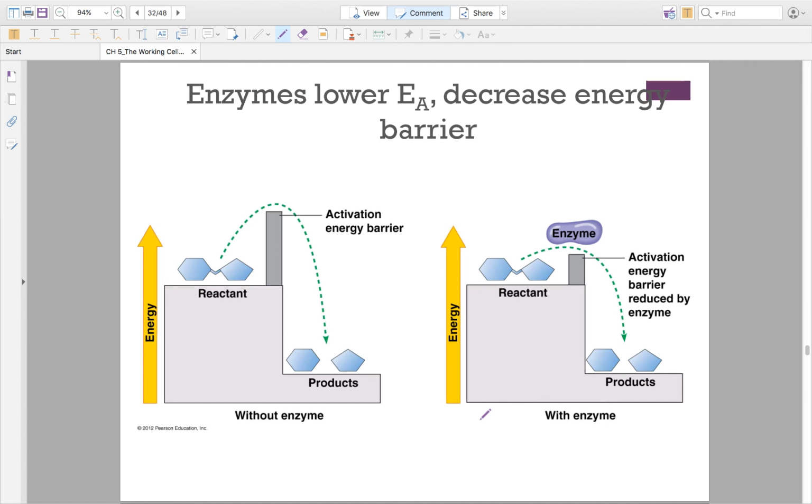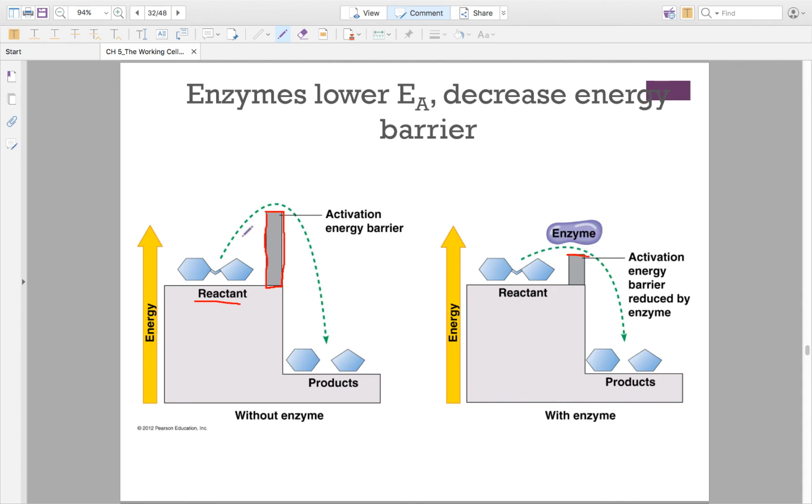But to emphasize what's happening here, every reaction, see, we're going from reactants to products. This is called the activation energy, and it acts like a barrier. So it's this particular amount of energy that's required for the reaction to occur. So what an enzyme does is when an enzyme is present, it reduces the activation energy.